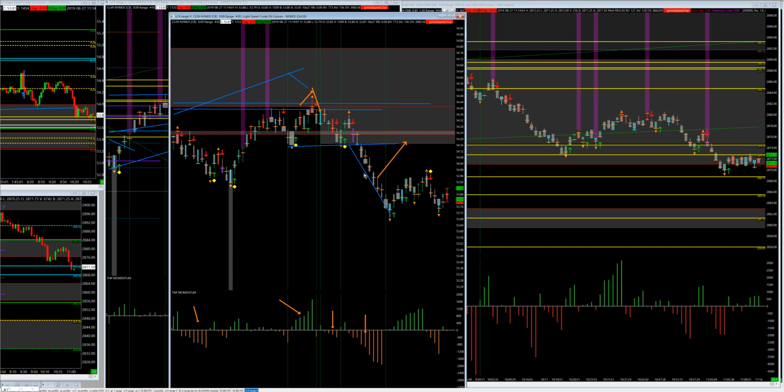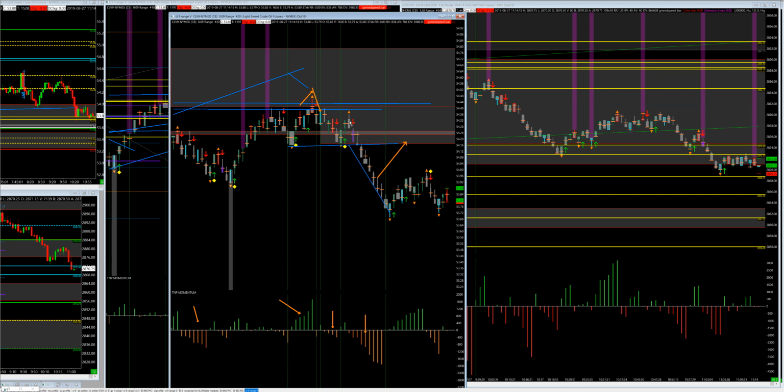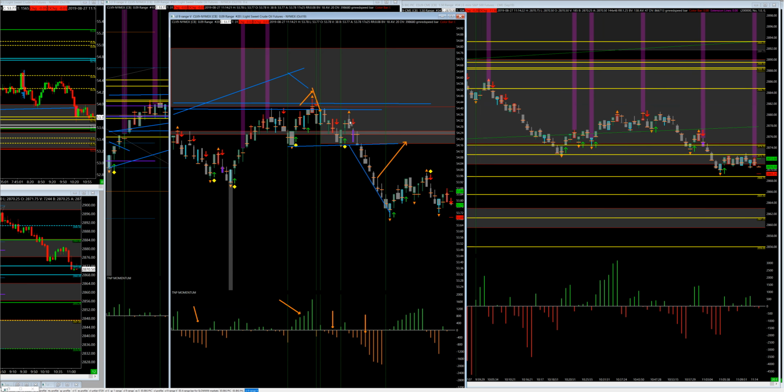So before this break came here, and I added back again at 54.30, I had already moved my stop back, my average on a half size back to 54.30 plus 26, 54.56.